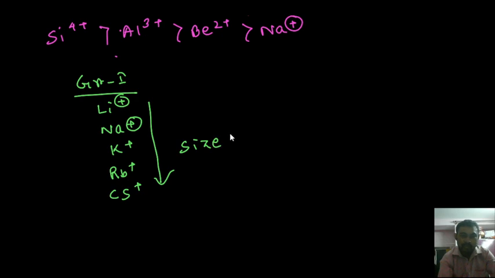We all know that, because in the periodic table, for example for period 2, we have lithium, then beryllium, boron, carbon, nitrogen, oxygen, fluorine, neon. This is the inert gas.